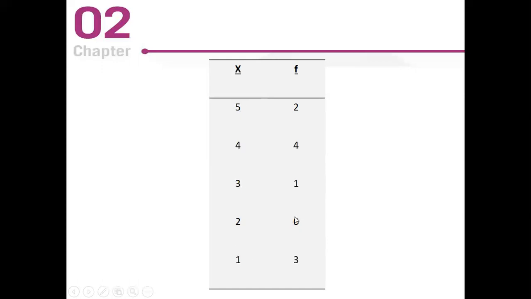We want to be honest and clear that this was a possible score, but nobody got it. And then we have 3 people scoring a 1. So this is as simple as it gets, a straight up frequency distribution table. You have the number of people that scored the possible values on some kind of test or scale. We always have the X values on the left and the frequencies on the right.